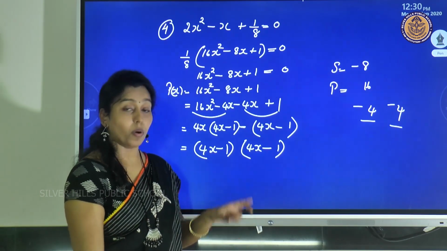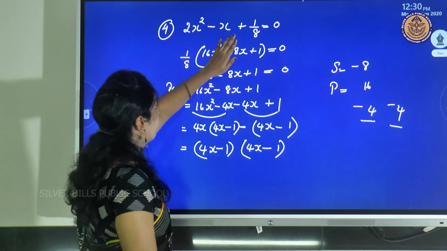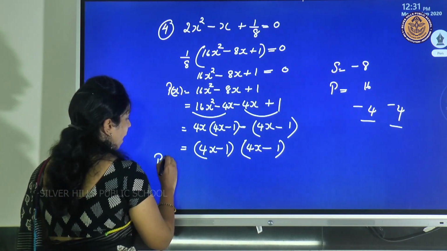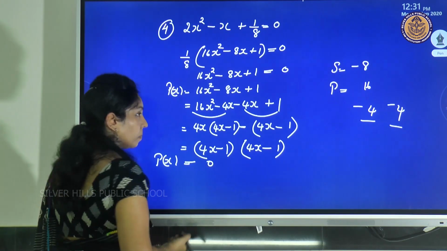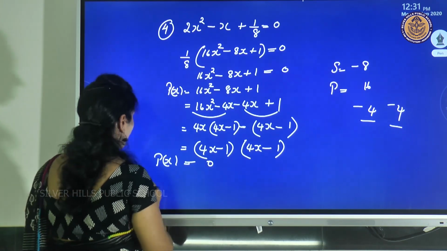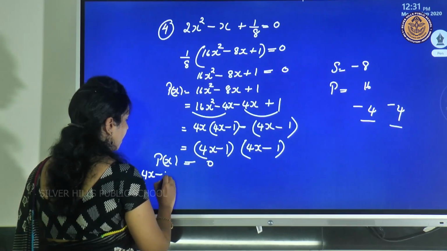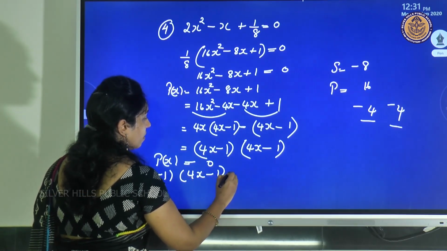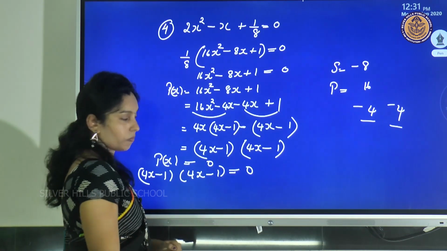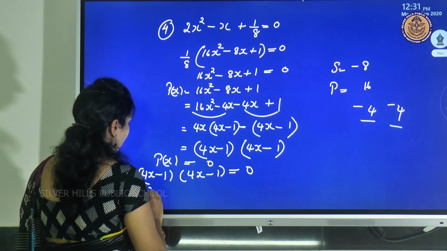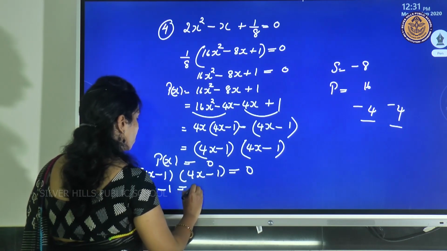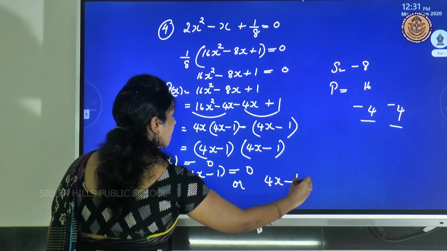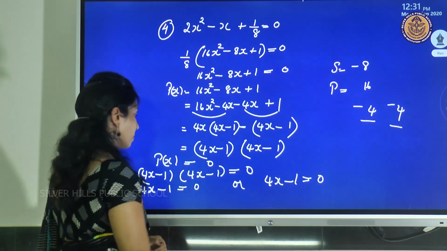We factorized P of x. Now, we are going to solve it. P of x equal to 0 means, this is our P of x, 4x minus 1 into 4x minus 1 equal to 0. 4x minus 1 equal to 0 or 4x minus 1 equal to 0.